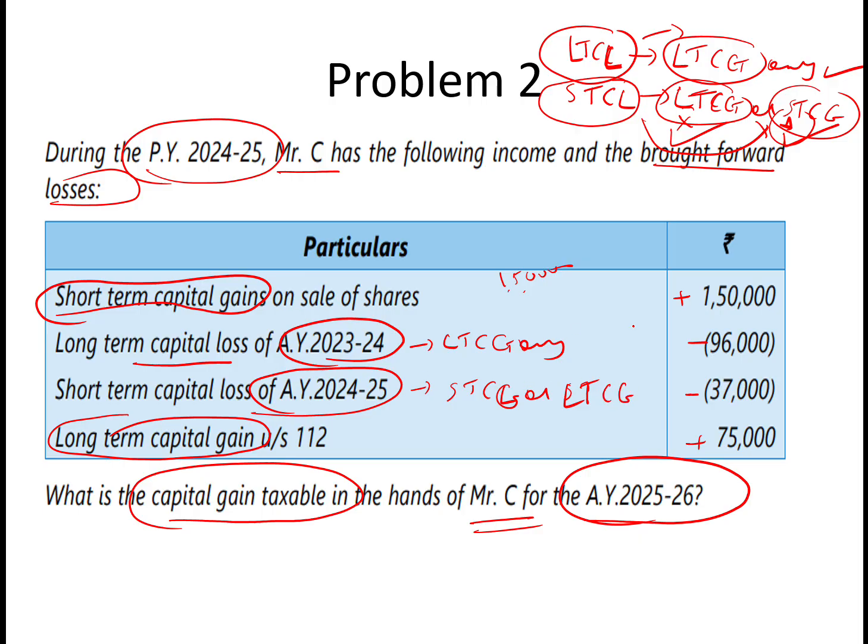So now this 96,000 we can set off with long term capital gain, which is 75,000, and short term capital gain we can set off with 37,000 of short term capital loss. This is the basic rule which we need to understand.